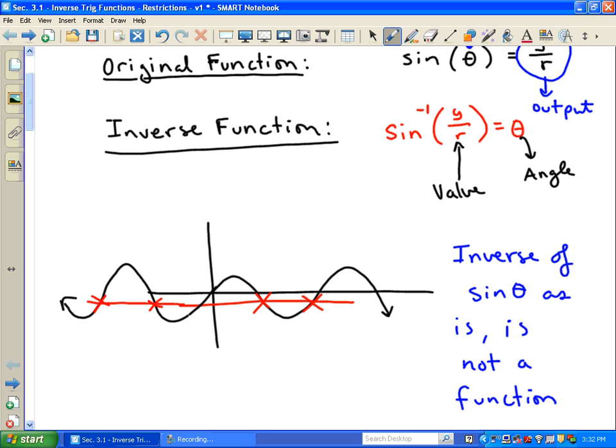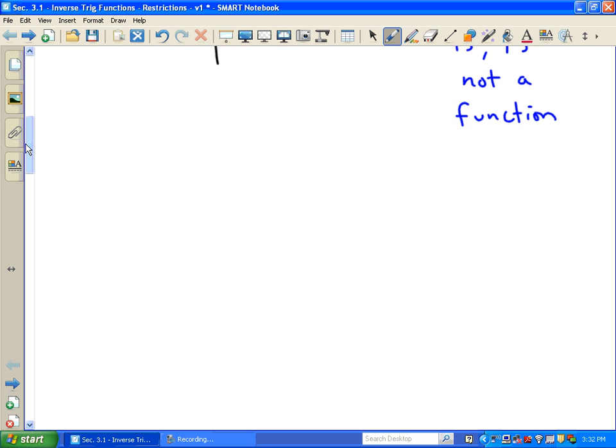So what we need to do to make sure that when I take the inverse of a trig function, my inverse is a function, is we restrict the domain of the original trig function. Let's look at this. Here are my restrictions.